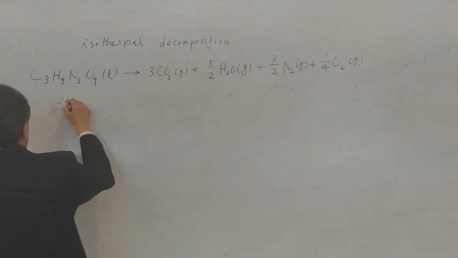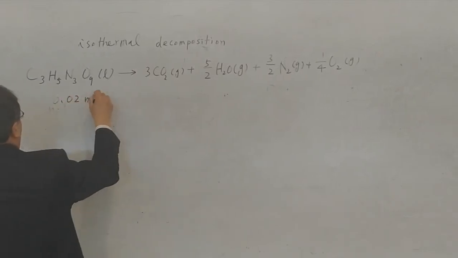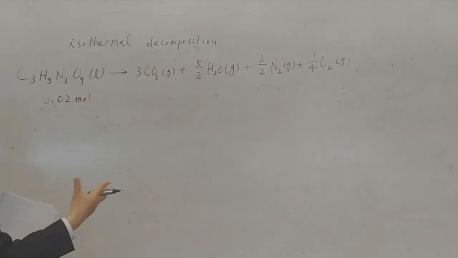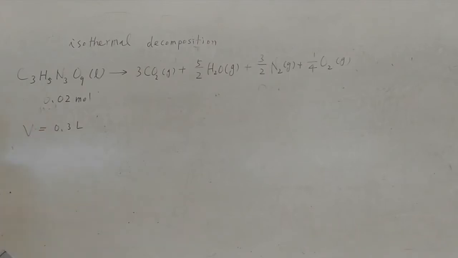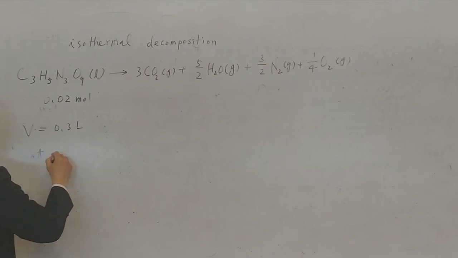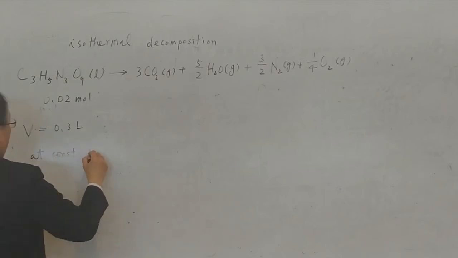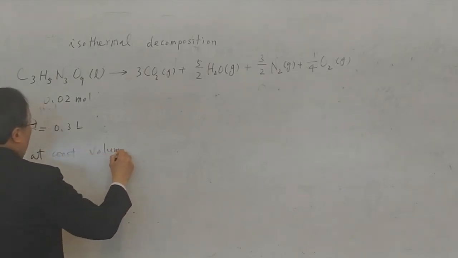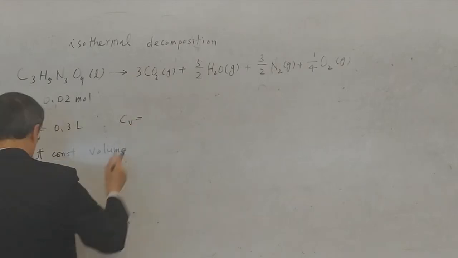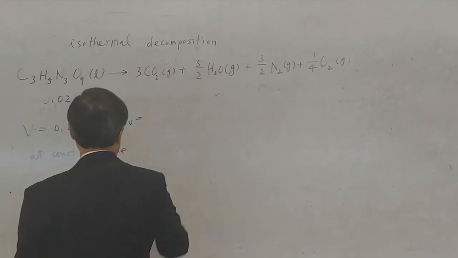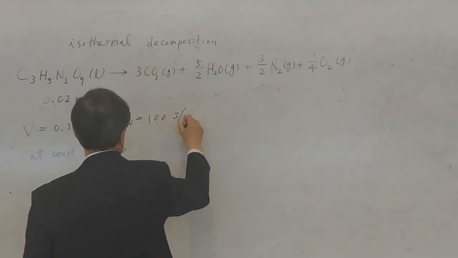Suppose we start with 0.02 mole of nitroglycerin, and it exploded in a volume of 0.3 liters at constant volume. The CV equals 100 joule per K.